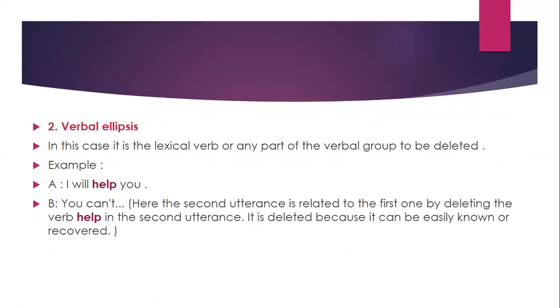It's deleted because it can be easily recovered. So here we delete the lexical verb or any part of the verbal group, and in this example, the verb help is deleted and replaced by nothing.